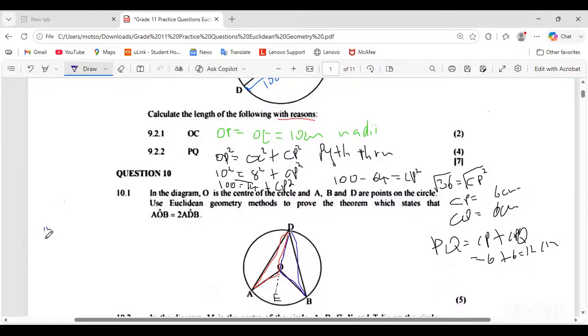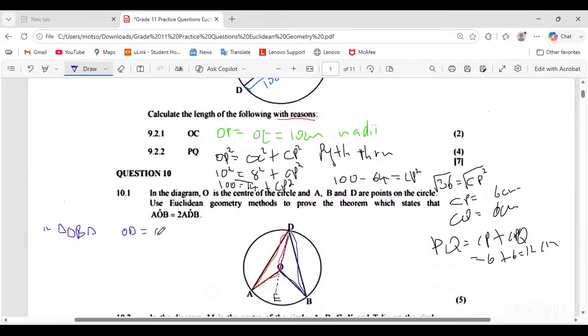On your answer sheet, I'm not sure if it is allowed to use crayons, so to be safe, avoid using them, or you can use them just to highlight. Whenever you answer the questions, you will say: in triangle OBD, which is the blue one, right? We are going to work with that triangle now. You will say OD is equal to OB, right?